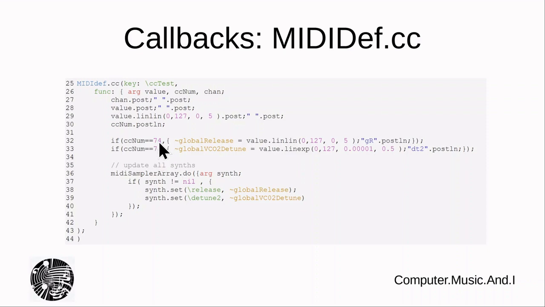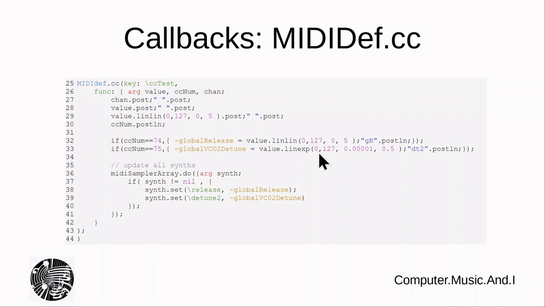One has the CC number 74, the other one has the CC number 75. And so what I did, I said, okay, I'm using knob 74 for the global release and the other one for the detune. And you see, then I'm mapping these values from 0 to 127 to 0 to 5. So the maximum release that we have is 5 seconds.